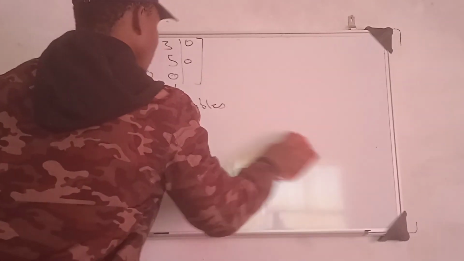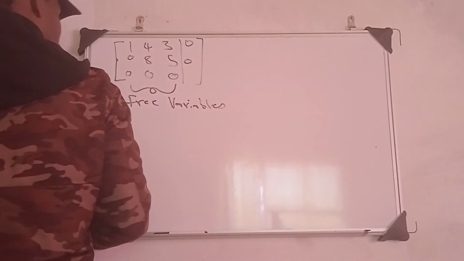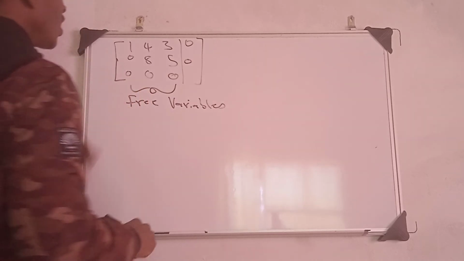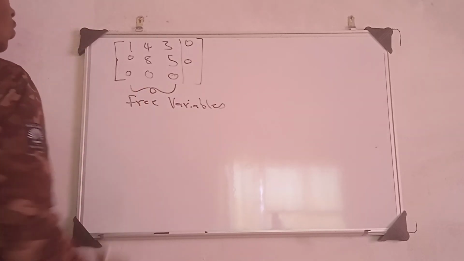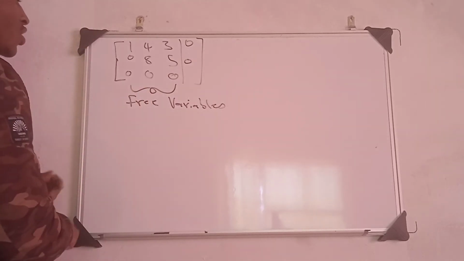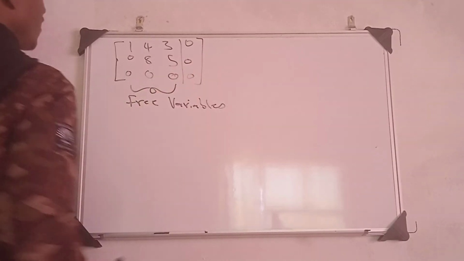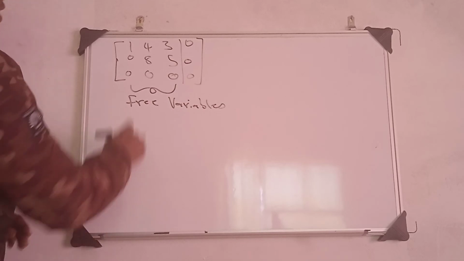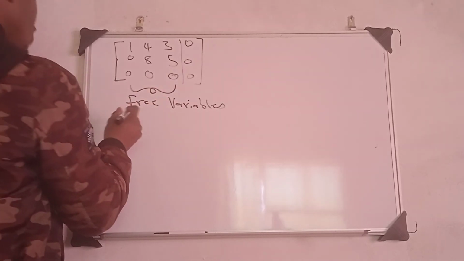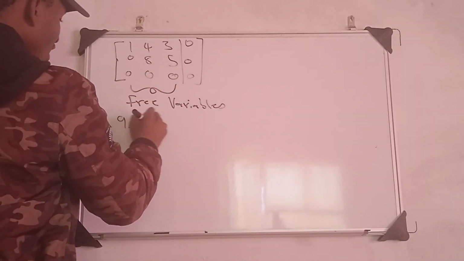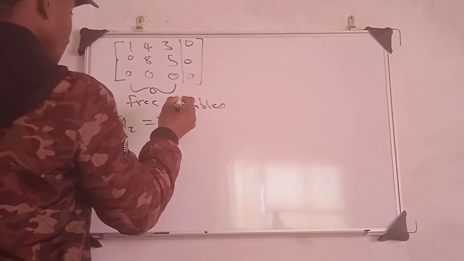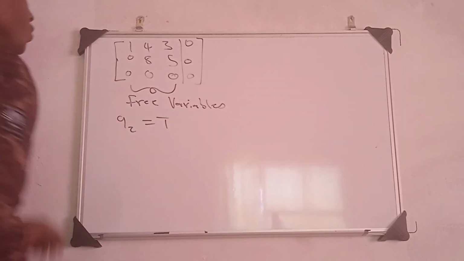And they can be assigned to anything. If you can check here, you can assign this a1 to any variable that you want, and even this one, and even that one. So let me assign a2 to t, and say a2 equals to t.